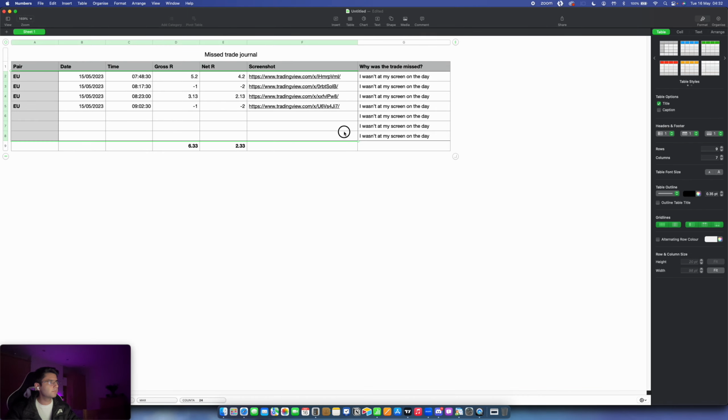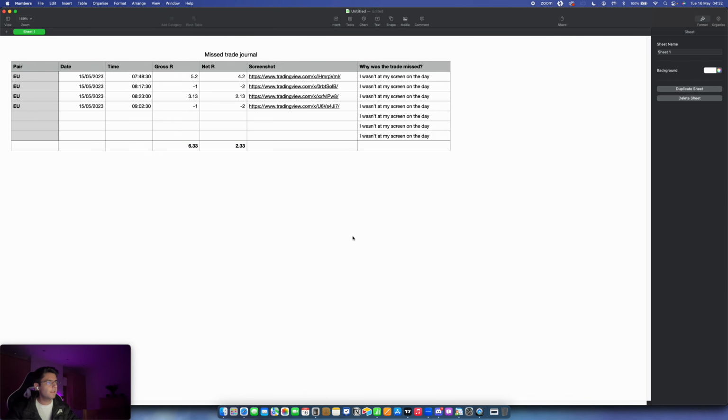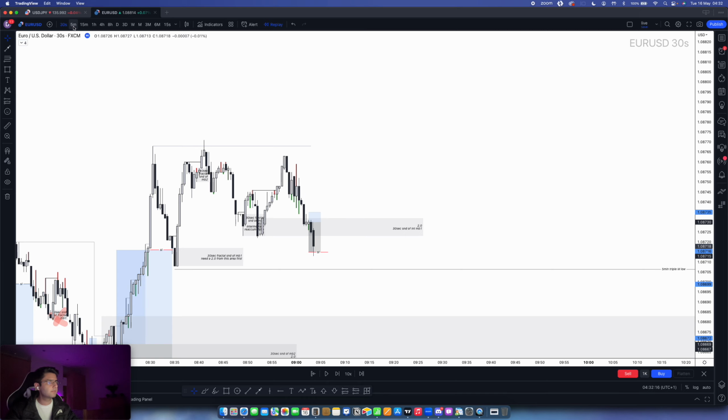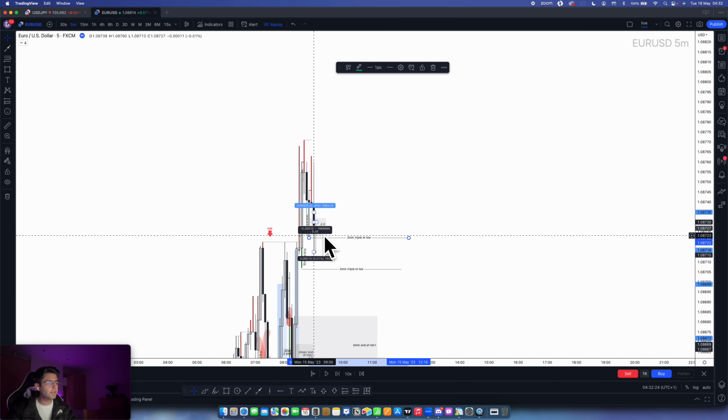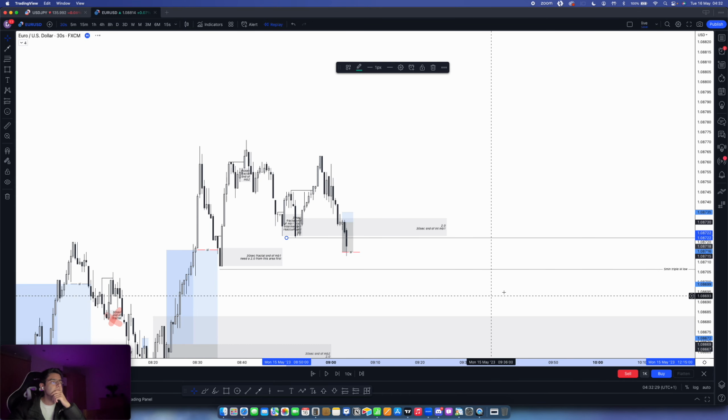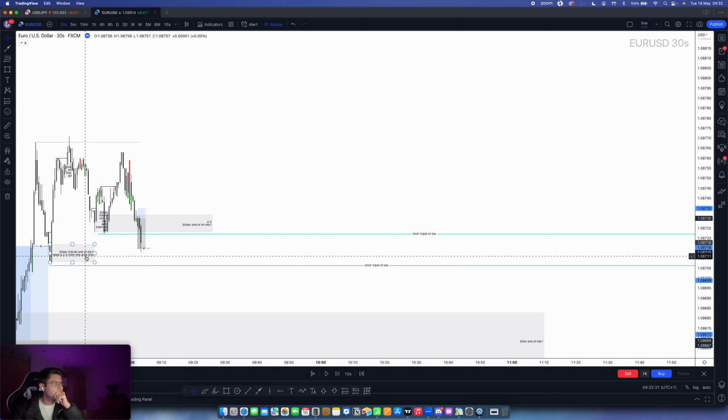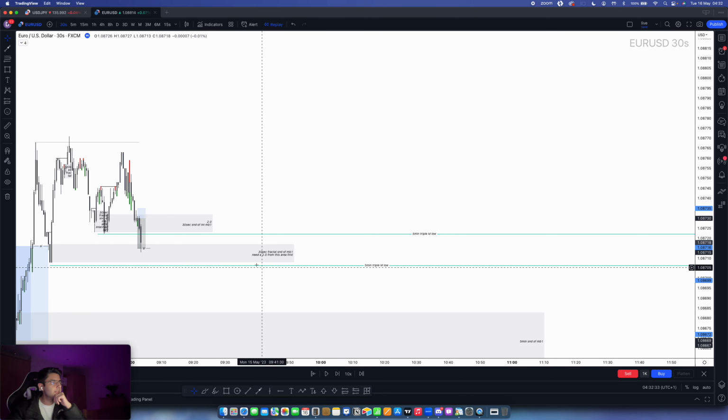Cool. Good stuff. Has the 5 minute invalidated? Nope. Triple M low's all the way down there. Has it formed another triple M I can use though? Yes. As long as it doesn't break and close below there, I can still look for 30-second entries. So it does now tap into this 30-second S&D of fractal MB1.